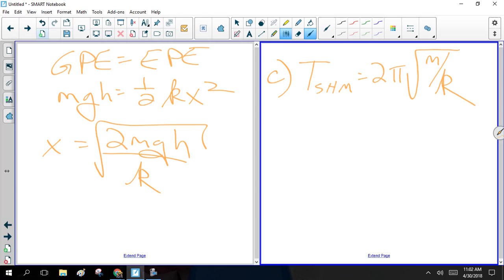Okay, and like Justin said, our motion is a quarter of that. So a quarter of this is going to be pi over 2 times the square root of m over k. Does that make sense, you guys? Okay. That one took me a minute to figure out when I was solving this.